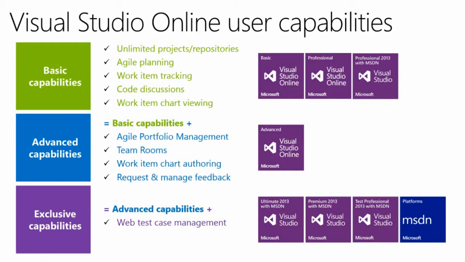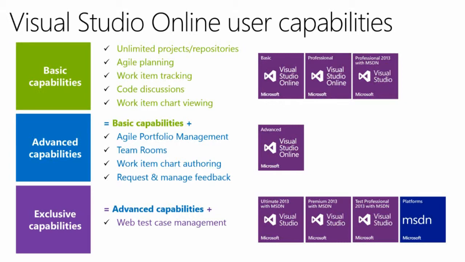Those are available with the Visual Studio Online Basic Plan and Professional Plan, as well as Visual Studio Professional with MSDN. Now, we have one plan that actually gives you some advanced capabilities that are on top of the basic capabilities. So you think about agile portfolio management, team rooms, work item chart authoring, and requesting and managing stakeholder feedback. And that's available with the Visual Studio Online Advanced Plan.